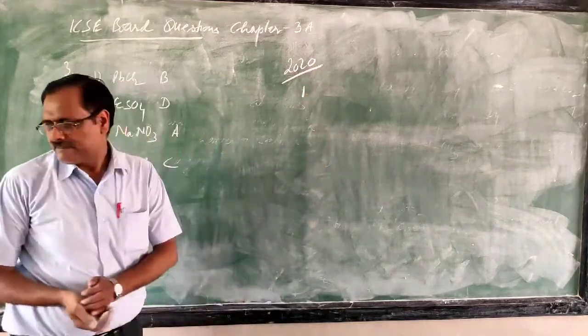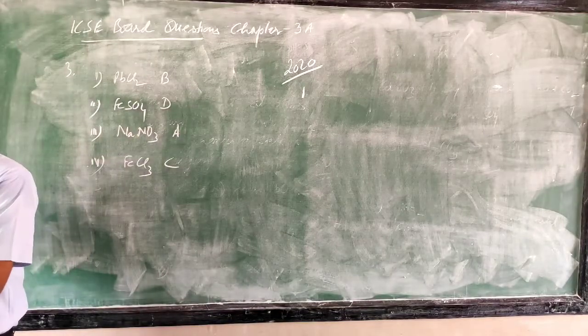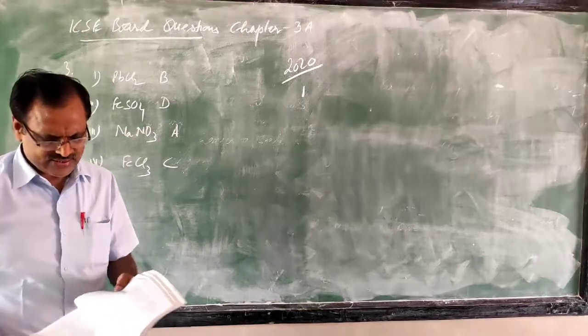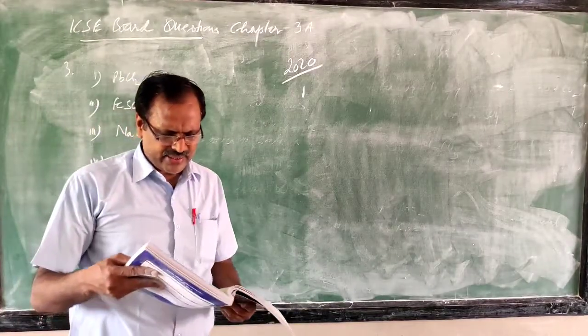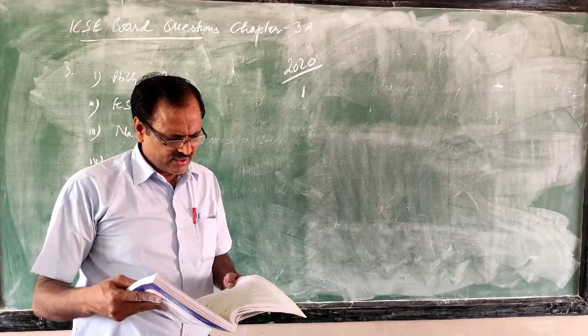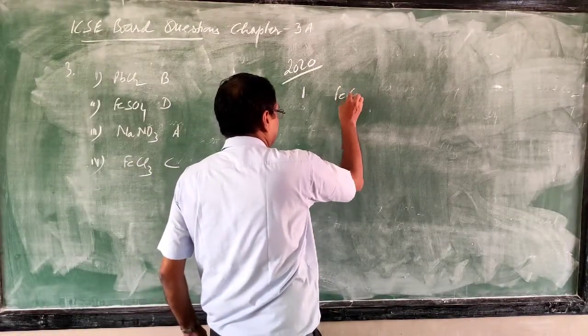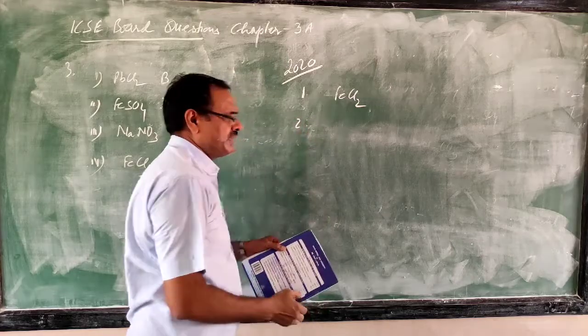First question. Fill in the blanks from the choices given. A salt prepared by displacement is ferrous chloride. This can be prepared by displacement.